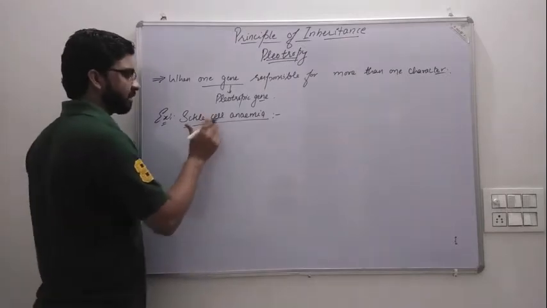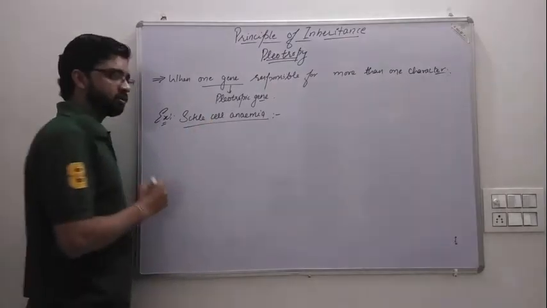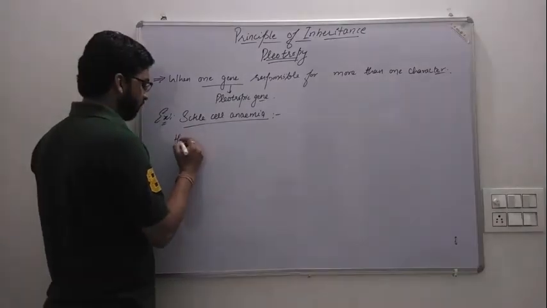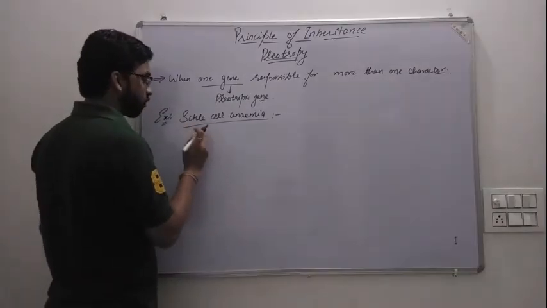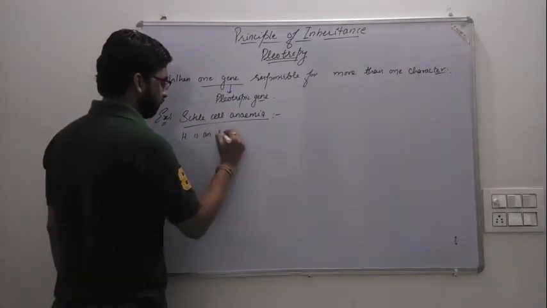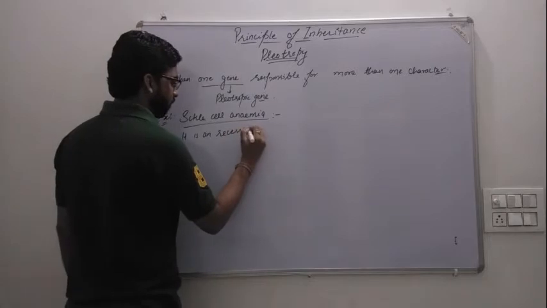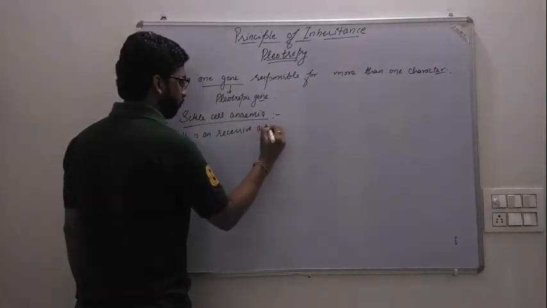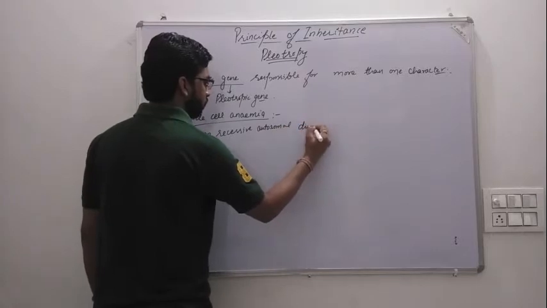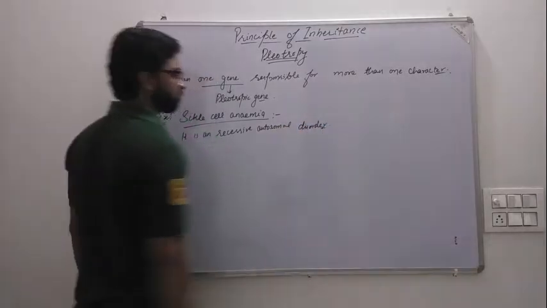Sickle cell anemia is due to hemoglobin. First note it down that it is a recessive autosomal disorder.